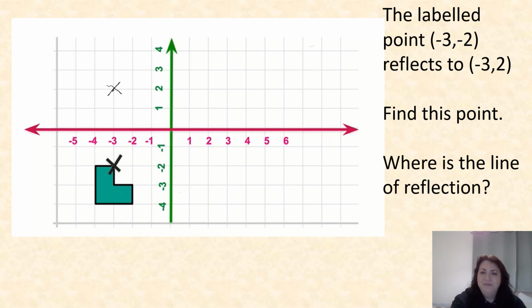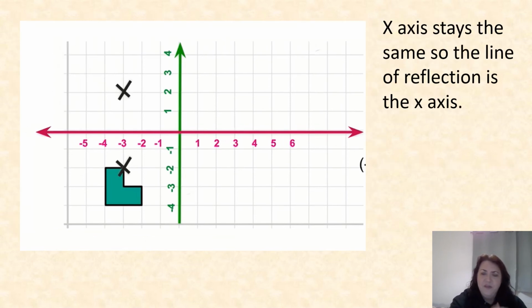Did you get that one? And also another way you can tell that, of course, as we know, is because the x-axis stays the same. We had -3, -2, and we've still got -3 as our first digit. Our -3 is the same on both.